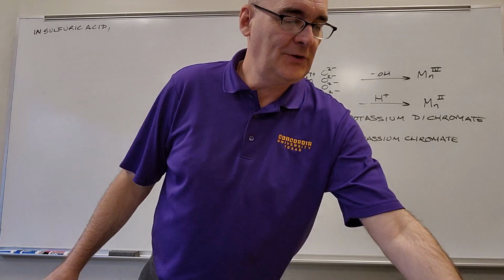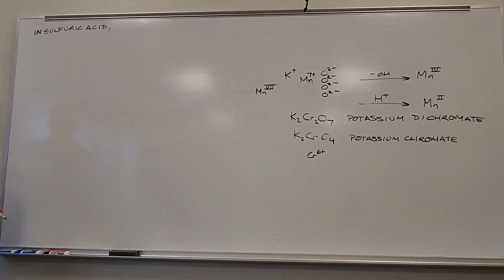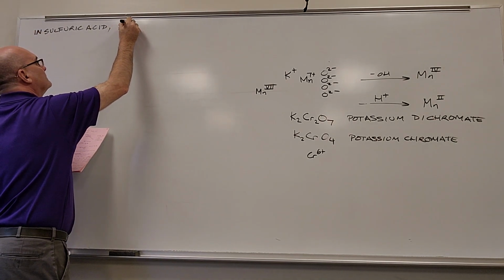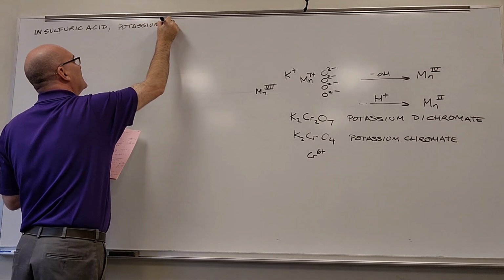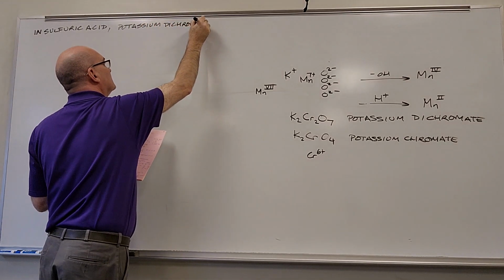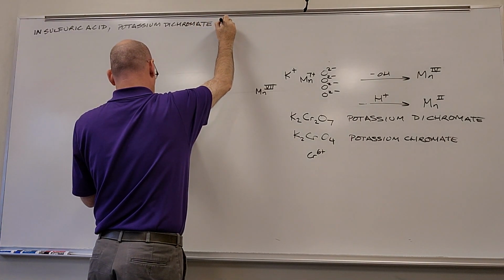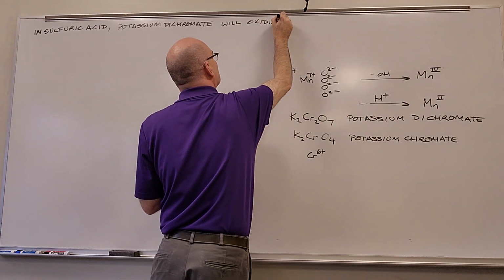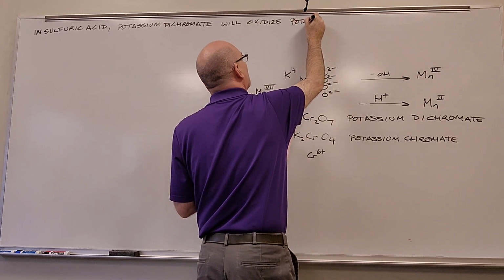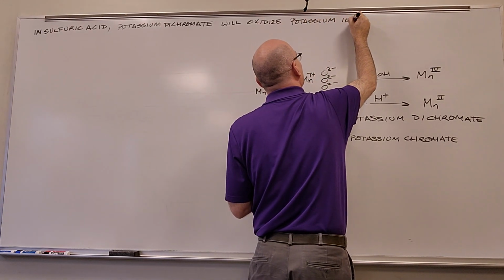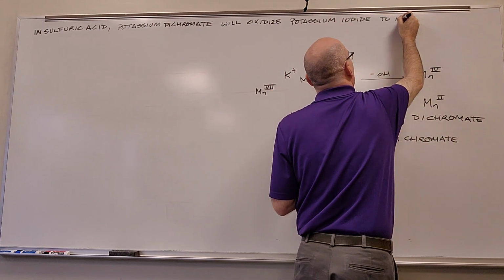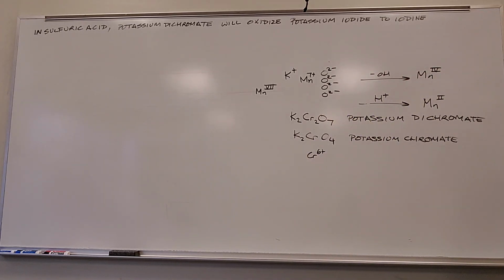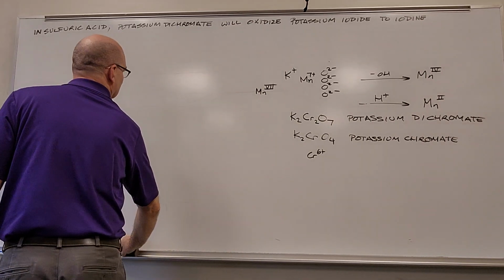If we perform this reaction in sulfuric acid solution, potassium dichromate will oxidize potassium iodide to iodine.